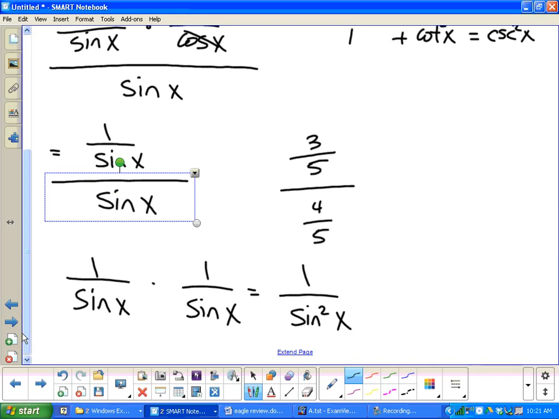Those fives can cancel because they're both denominators. Okay, but now if I have this, can those fives cancel then? No. Okay, so normally when we cancel, we say we cancel a numerator with a denominator, but when it's a complex fraction, it has to be numerator with numerator, denominator with denominator. Okay. All right, so that's why they didn't cancel there. Now we can take one more extra step there. Right, that's cosecant squared.